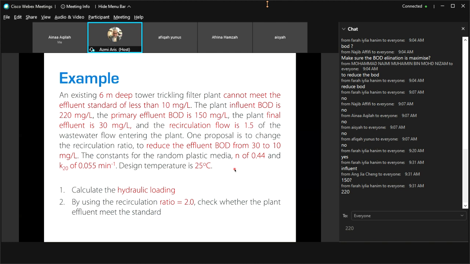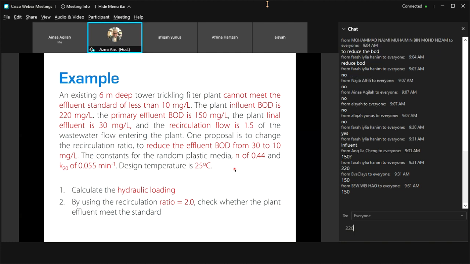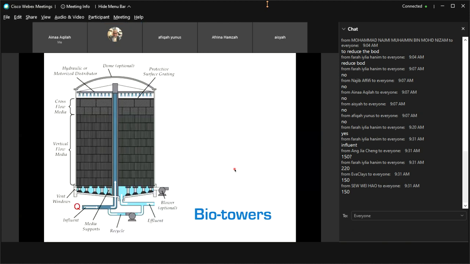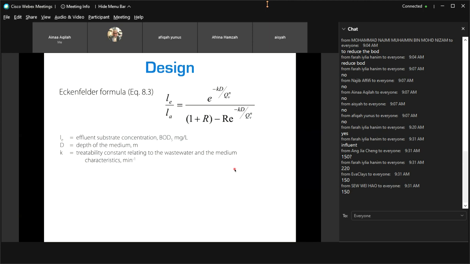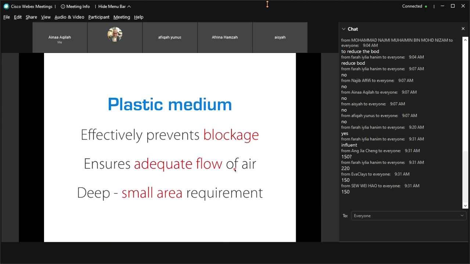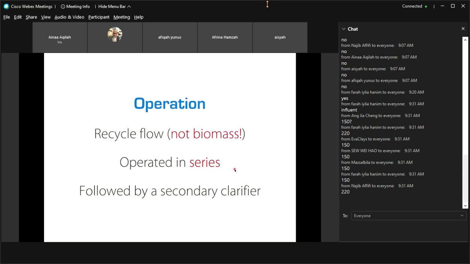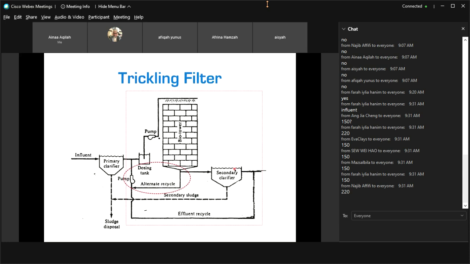I got different answers. 150, 220, 150. This is influent. This is the primary clarifier. After the primary clarifier, it goes into our trickling filter or bio tower. So what is our LI?